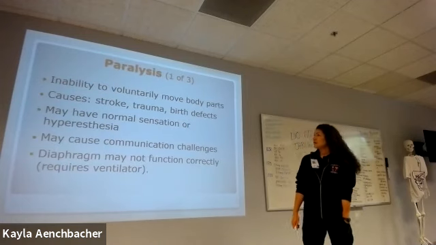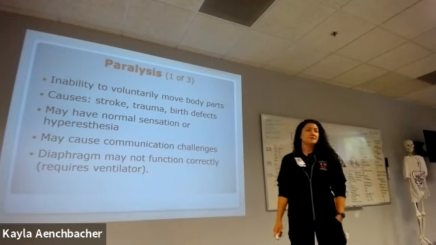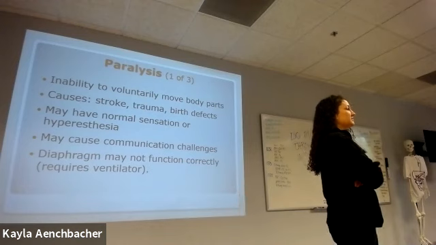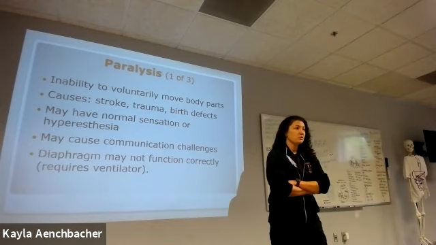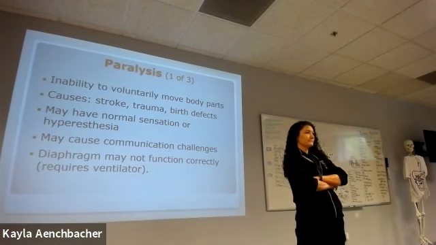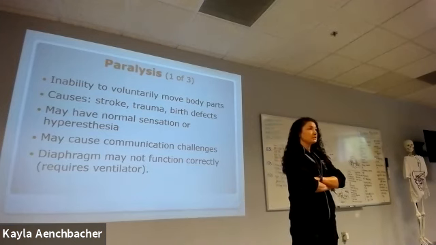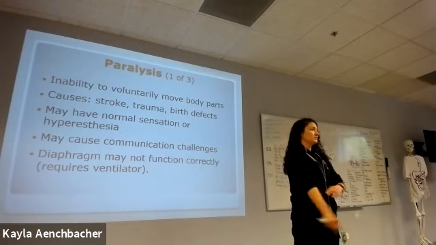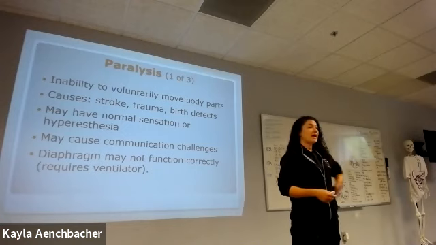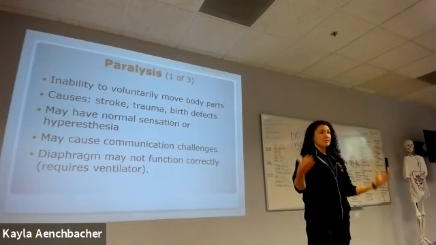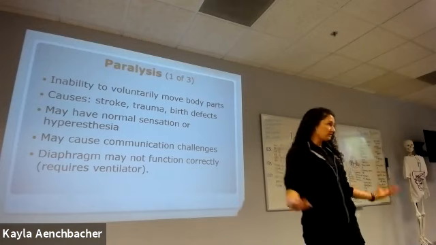So guys, paralysis, for whatever reason this happens, if it's an injury, if it's an illness, if it is just something that stems from a congenital issue, what are some things that we can see? Inability to control extremities. If it's higher up in the spinal cord, what do we typically see? Typically if it's a higher spinal cord injury or illness, we see all four extremities affected.